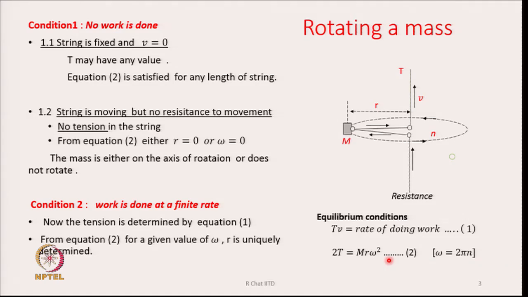Once T is known from equation 1, there is going to be some definite value of r or omega. That is, for a given omega we can find the value of r, or if we assume r, then we can find the value of omega. So, the system can be in equilibrium only for one length of the string.